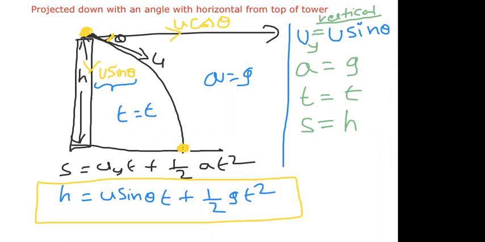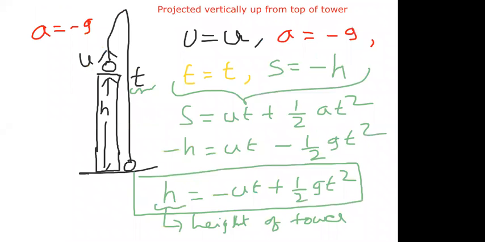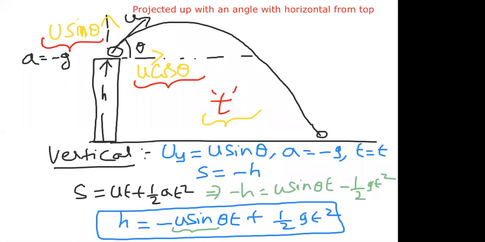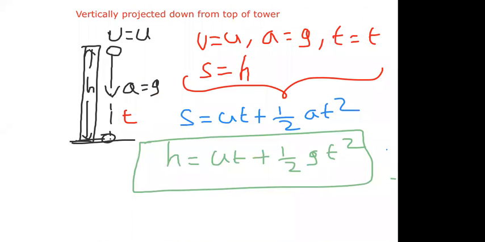When the body is projected vertically upward, h equal to minus ut plus half gt square. When projected up with an angle with the horizontal, h equal to minus u sin theta t plus half gt square. When the body is projected downward, h equal to ut plus half gt square.